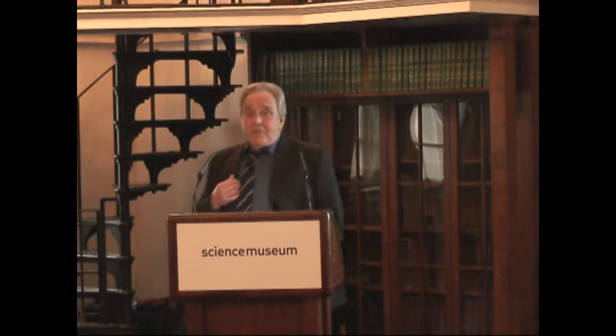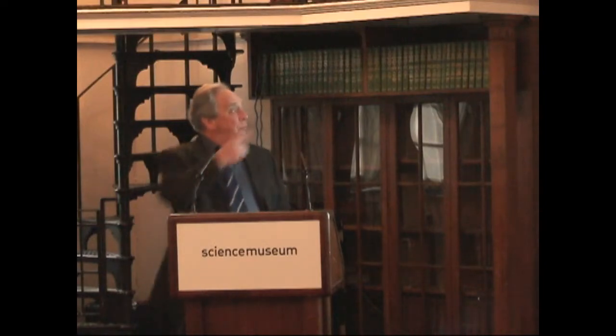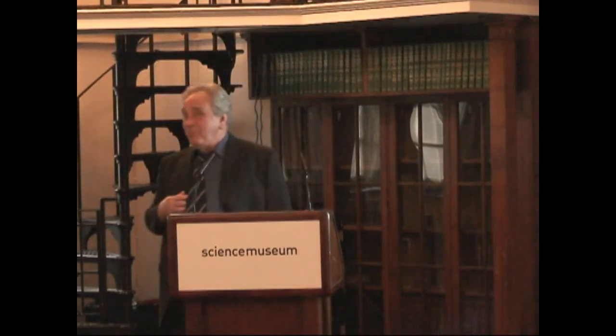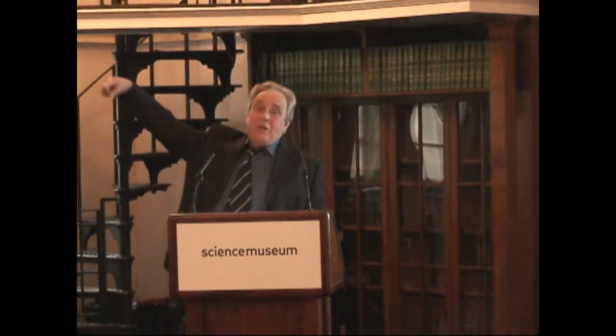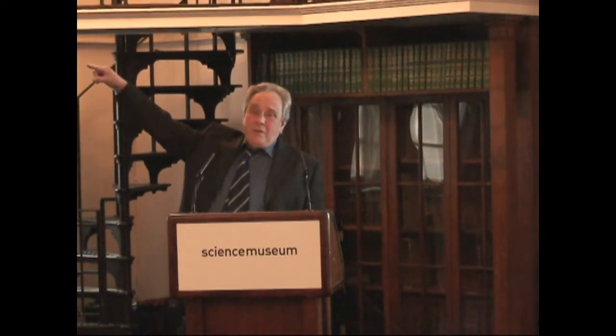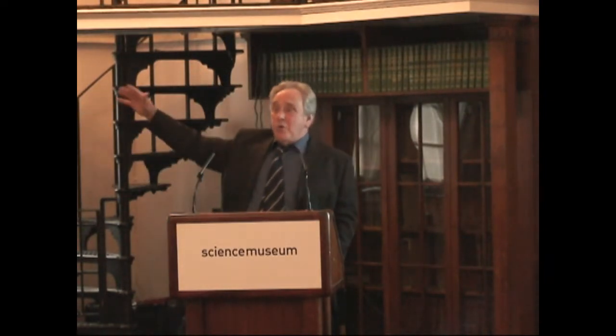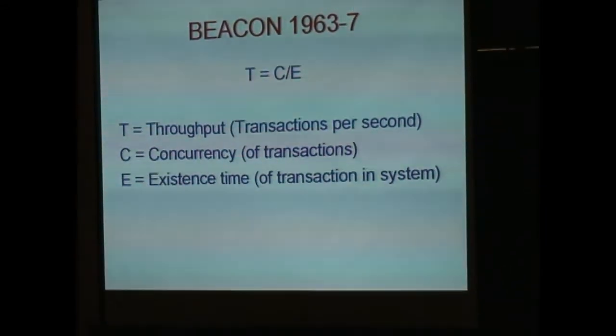Now, interestingly, we found there was an optimum value for C. It was not just incremental. Increasing C, the level of concurrency, did not mean that you got more and more throughput. It tailed off.